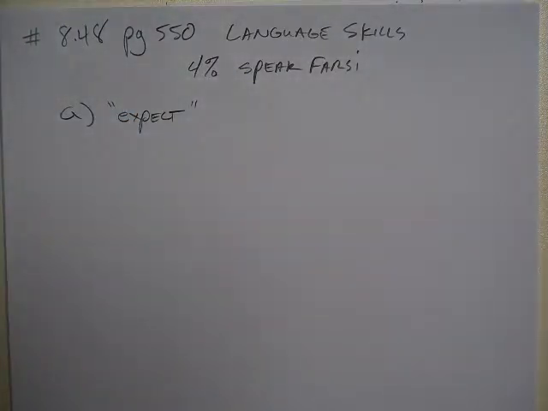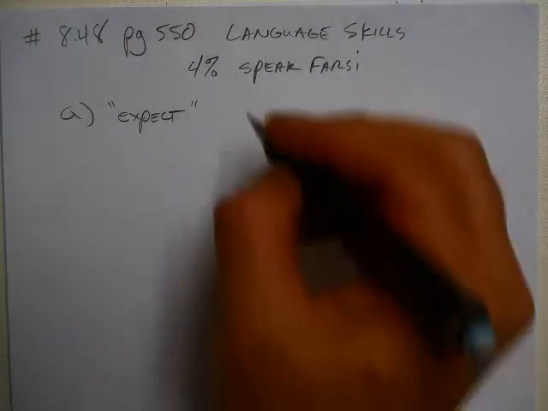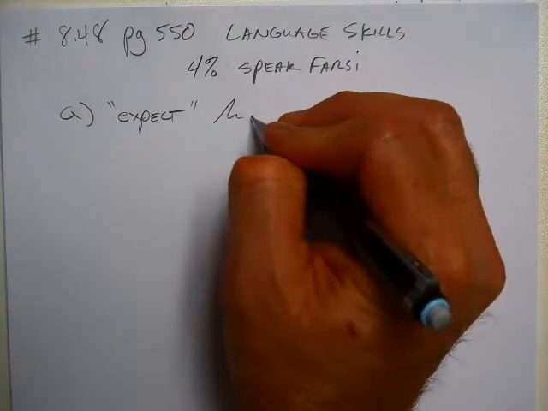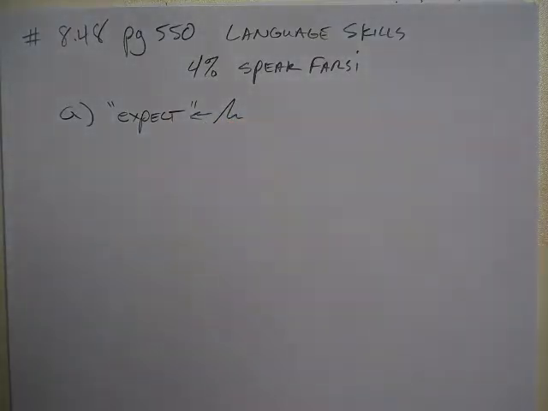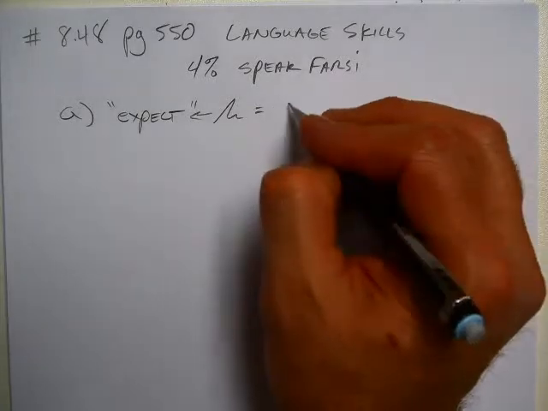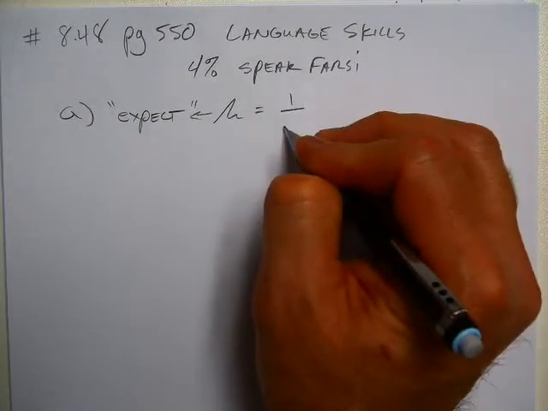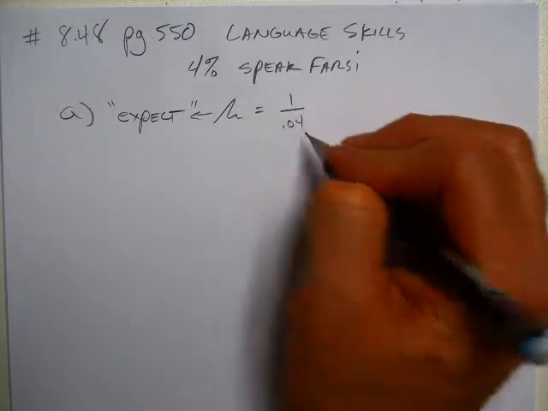How many rolls at most would I expect before I get a 5? 6, right? That's the average. So we're looking for mu. Mu is directly connected to expect. And in this case, it's just 1 divided by the probability, which is 0.04.